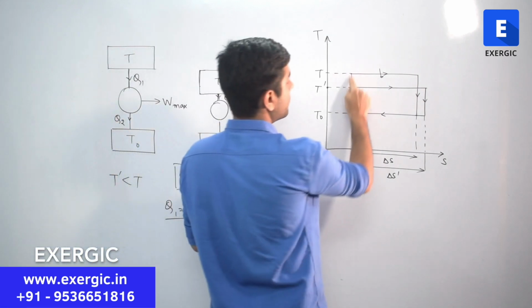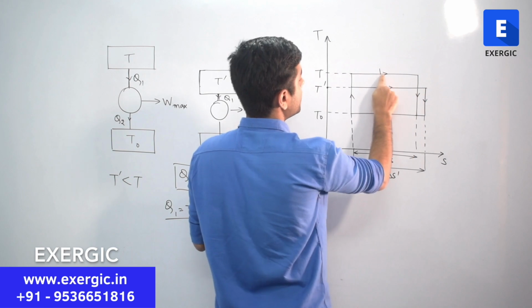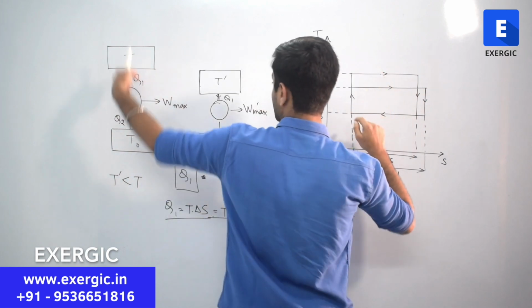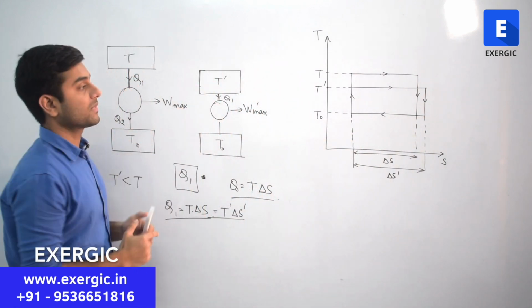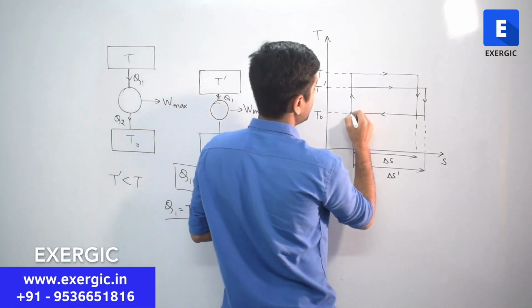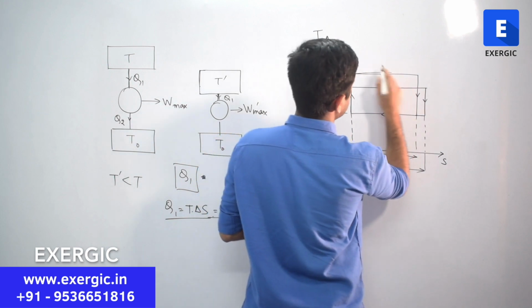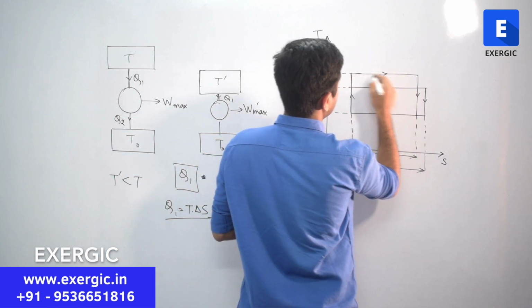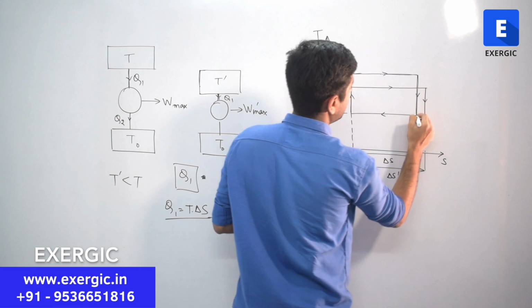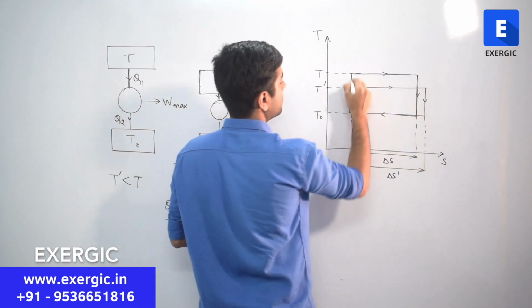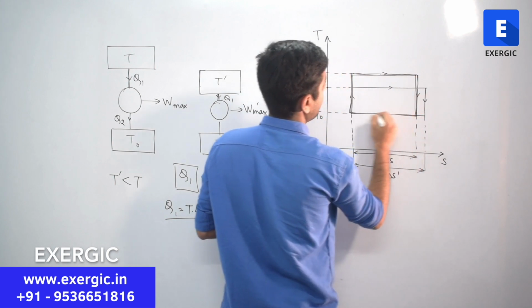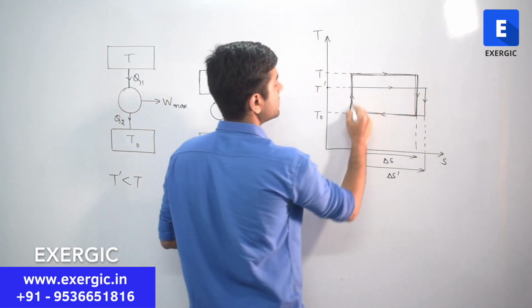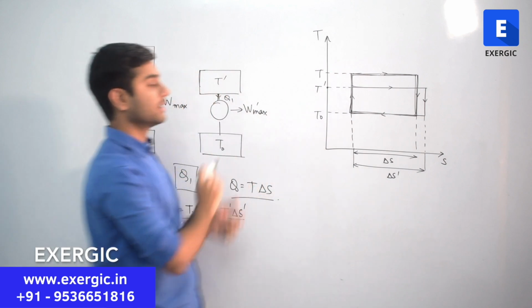So this curve is showing the earlier case of this reservoir and this curve is showing this case. Correct? I'm sure you are able to see. If you are not, then I'm just drawing it again like this, so you can clearly see that this is the earlier curve, and this is the current curve.